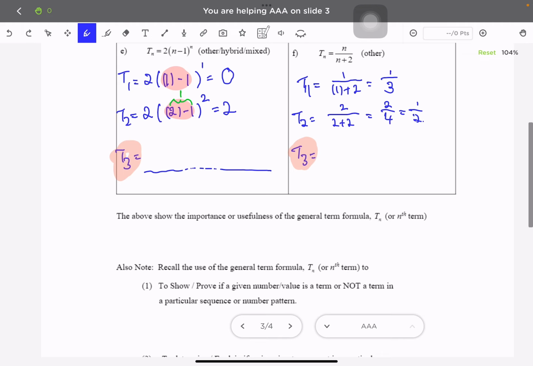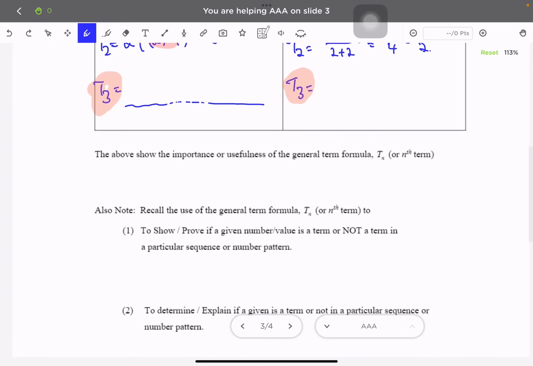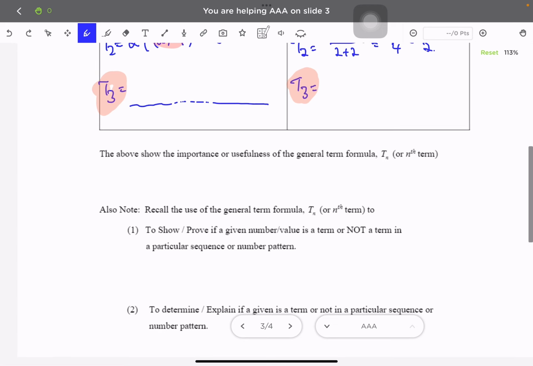The above shows the importance, or the usefulness, of the general term Tn or n term. Remember this. And also recall the use of the general term to show or prove if a given value is a term or not a term in a particular sequence. This is just to say that in the previous number pattern, let's say I want to show whether 243 is in this sequence.